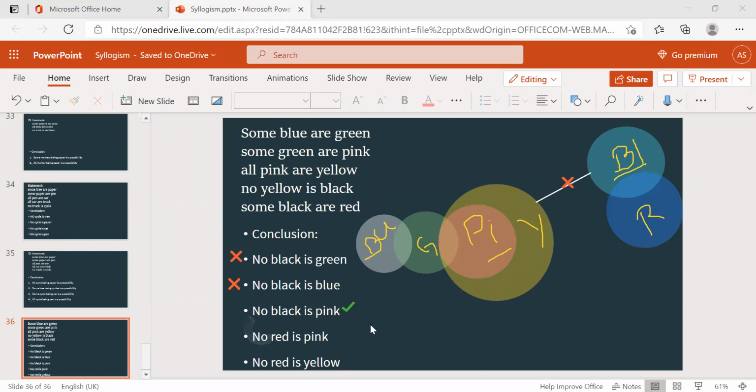Now, no red is pink. Where is the red here? Here. So pink is here. So here the connection, the fight, is between black and yellow, and there is no inclusion of red here. So no red is pink. We cannot say directly. It may be a possibility.